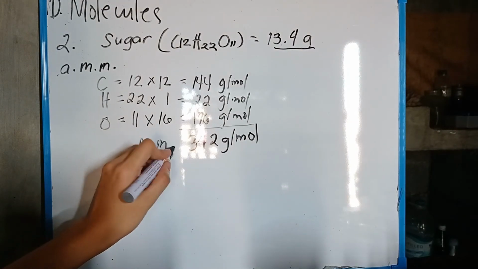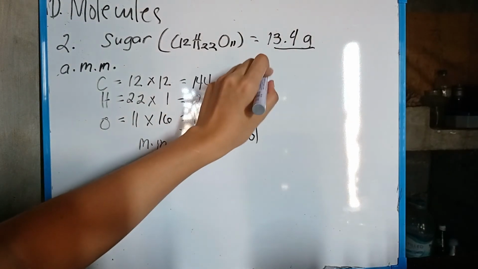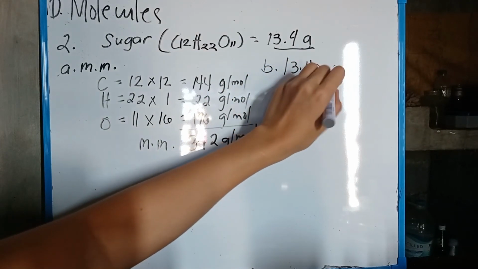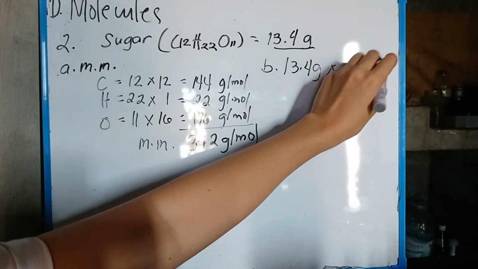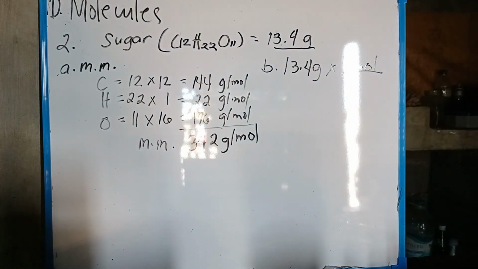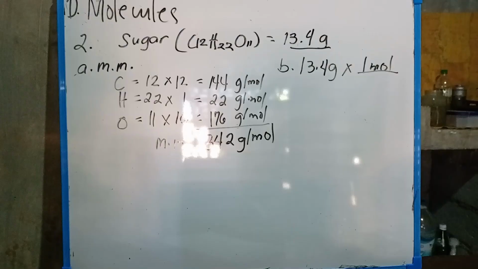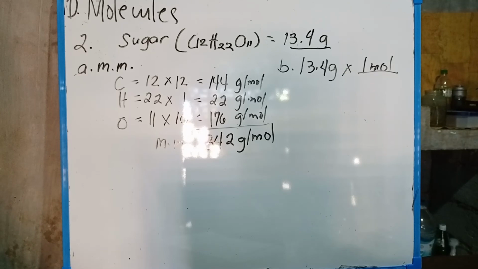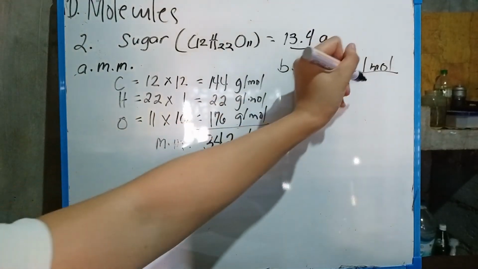So we can now solve for the mole. 13.4 grams multiplied by 1 mole divided by our molar mass, which is 342.